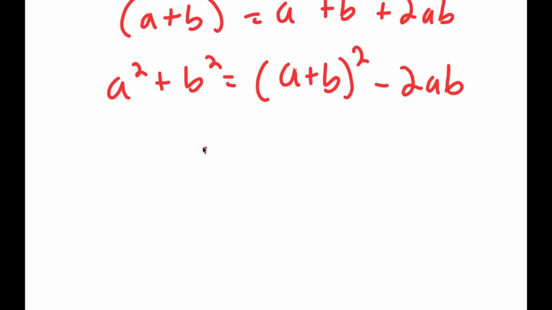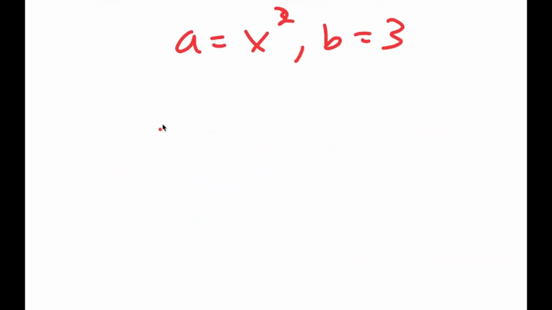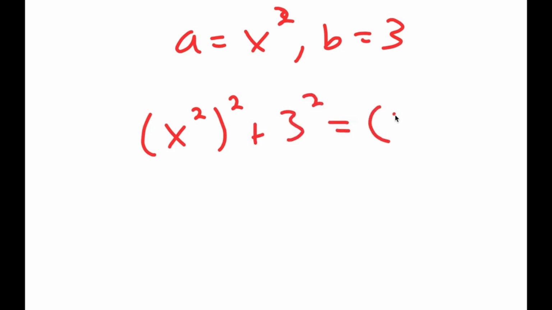So this means that a is equal to x squared and b is 3. Going back over here, so I get x squared to the power of 2 plus 3 squared is equal to x squared plus 3 squared.